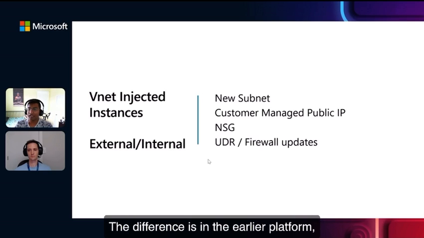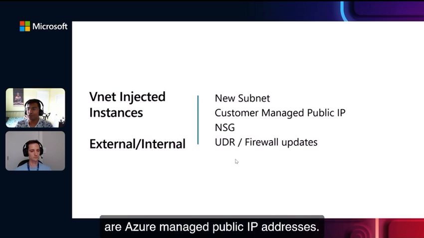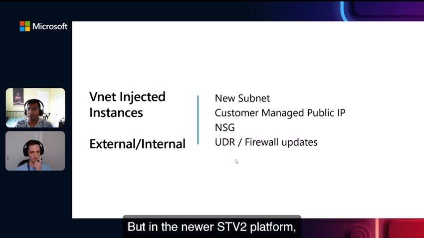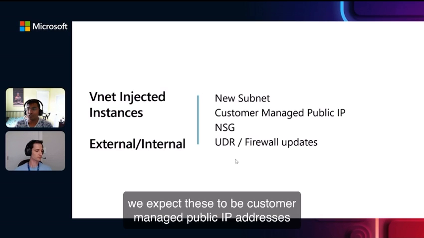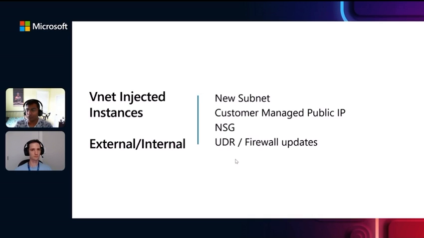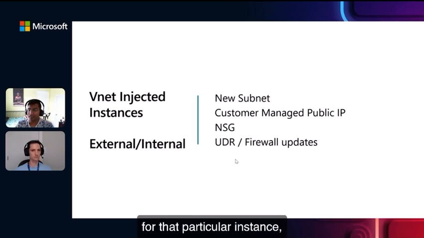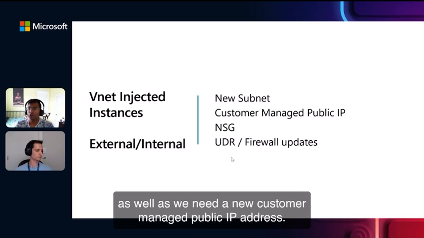The difference is that in the earlier platform, these public IP addresses are Azure managed, but in the newer STV2 platform, we expect customer managed public IP addresses, provided for each migration into the newer subnet. So we need a newer subnet with all the network dependencies addressed for that instance, as well as a new customer managed public IP address.